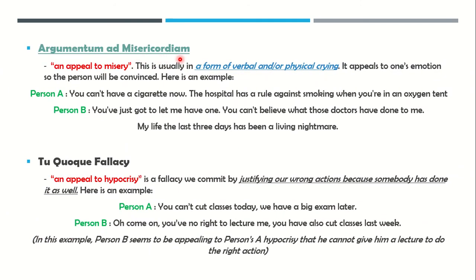Argumentum ad misericordiam. So, argumentum ad misericordiam is an appeal to misery. This is usually in the form of verbal or physical crying. It appeals to one's emotion, so the person will be convinced. In other words, an argument attempts to persuade by provoking a relevant feeling of sympathy.